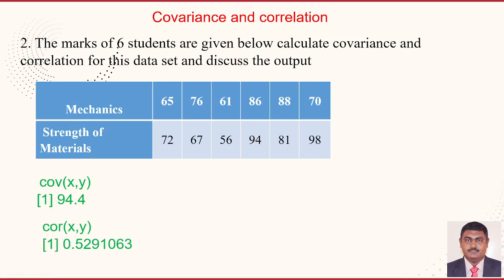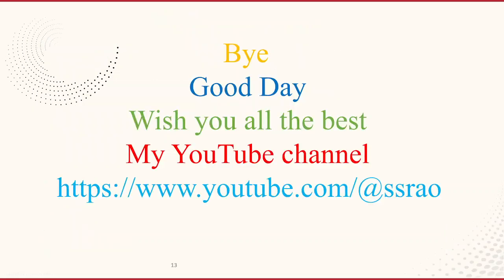And the correlation is 0.52910. If it is more than 0.5, the correlation is good; if it is less, it is not that strong. So that you can understand. Likewise, we can solve problems based on correlation and covariance. I hope everybody can understand this relation of the correlation and covariance functions.